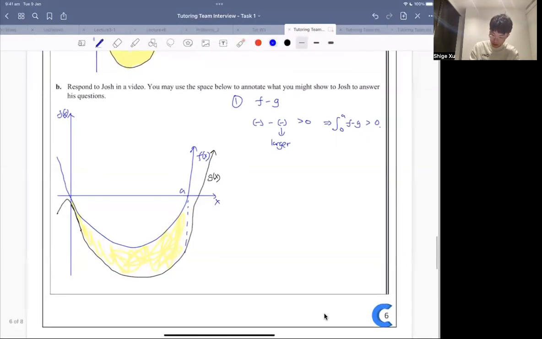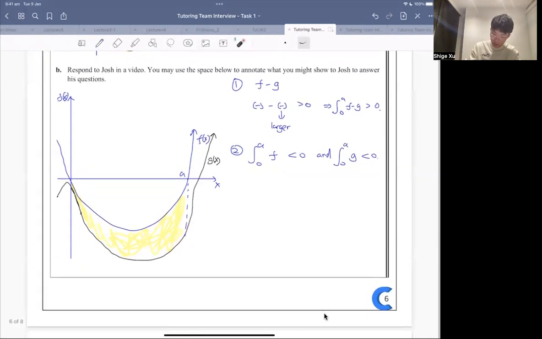Another way to think about this, we know that the integral from 0 to a of f is negative, because f is below the x-axis. So the integral of it is negative. And similarly, the integral of g is also negative.